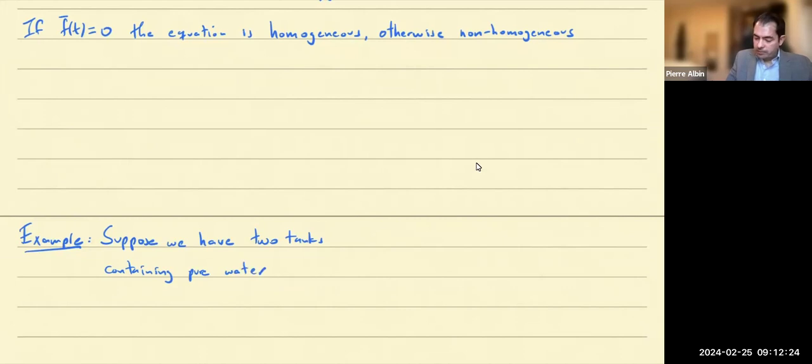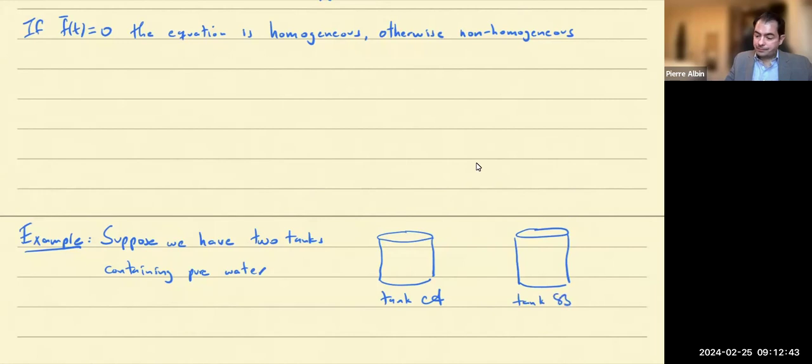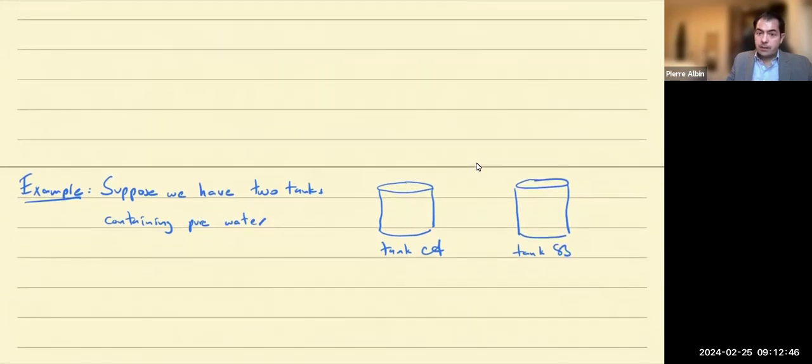So here we have tank A. And here we have tank B. Right, and let's say that tank A to start with contains 100 gallons, and tank B to start with contains 300 gallons.